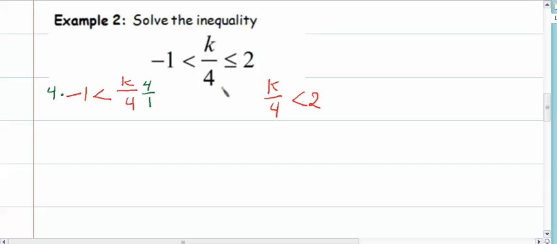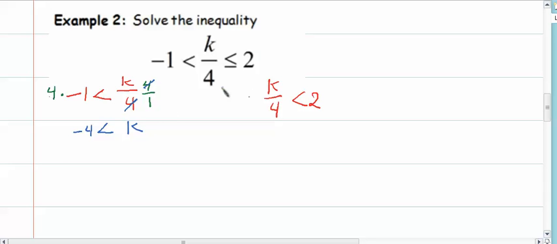We don't need to put over 1 because it's not a fraction. Can I cross cancel the 4? Yes, I can. So now I have +4 times -1, which is -4. I keep the sign because I multiplied by a positive, not a negative, and I have k. That side's done for me.